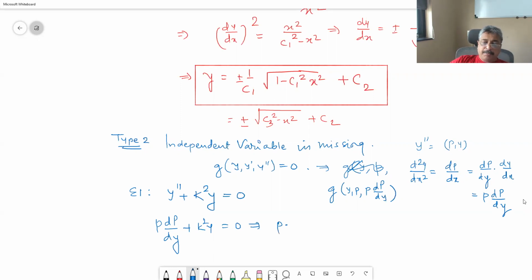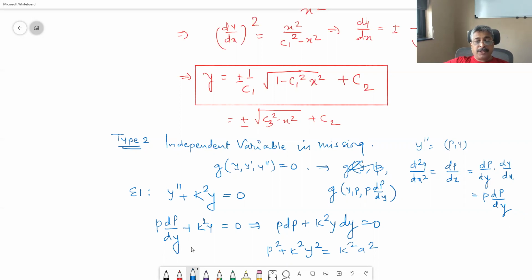That makes it p dp plus k square y dy is equal to 0, and hence p dp integrating you will get p square plus k square y square is equal to, what? k square a square.